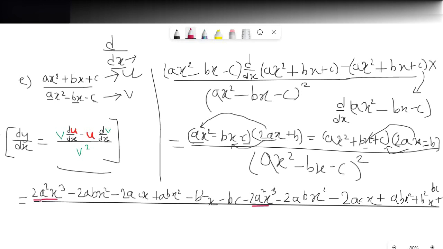So if you notice 2a squared x cubed will be cancelled out by minus 2a squared x cubed.